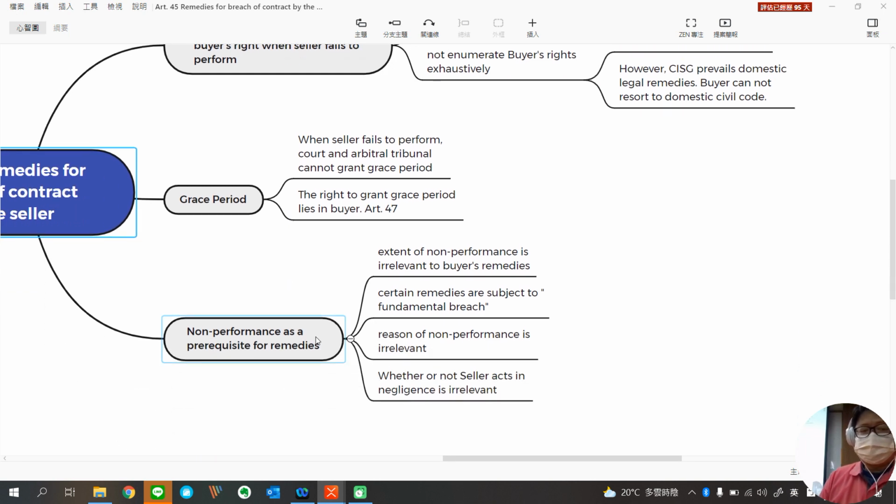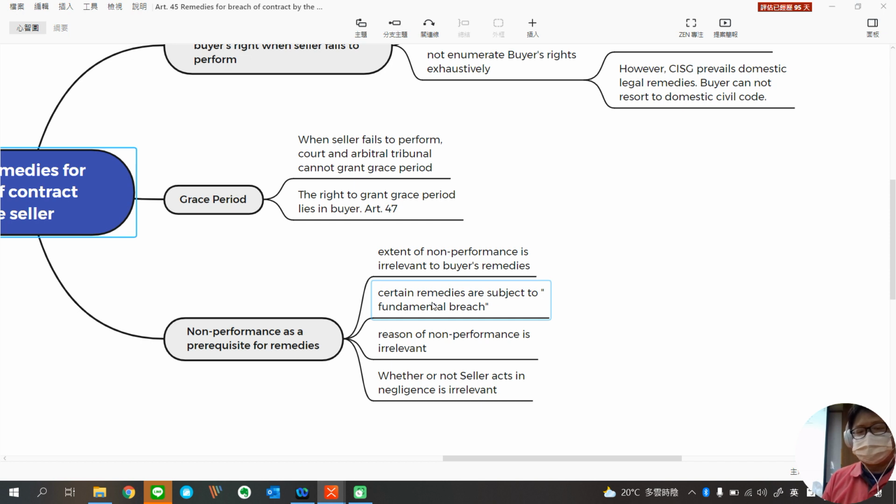And non-performance is a prerequisite for remedies, while the extent of the non-performance is irrelevant to the buyer's remedies. Certain remedies are subject to fundamental breach, and the reasons for the non-performance are irrelevant.